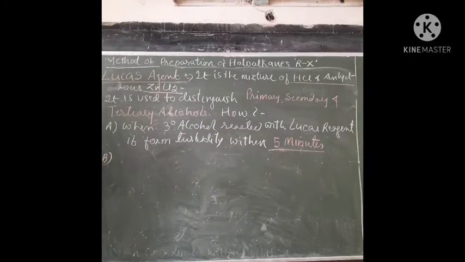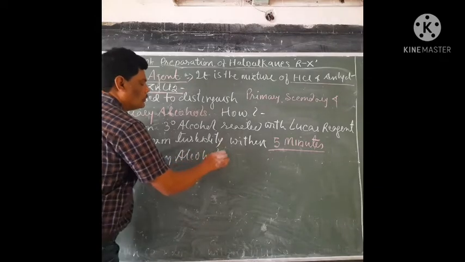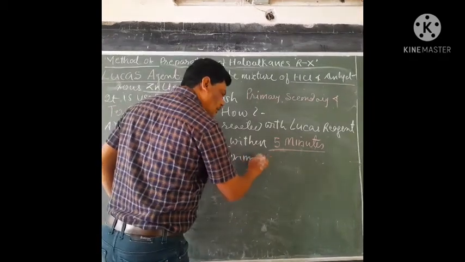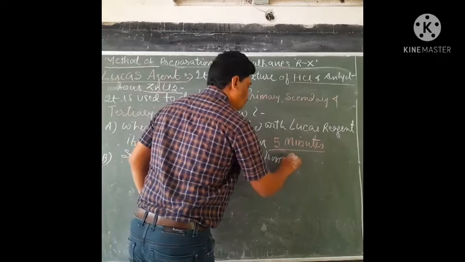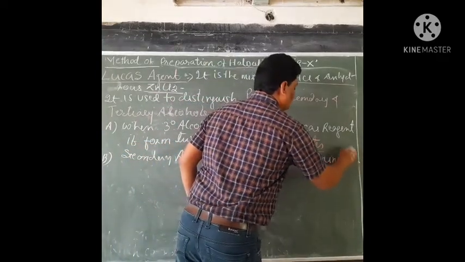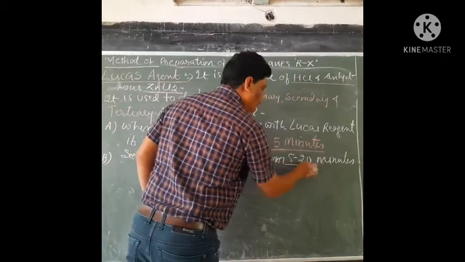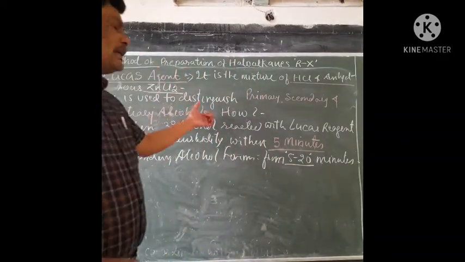Number two, secondary alcohol forms turbidity from 5 to 20 minutes. This is the difference. That is, the reactivity of secondary alcohol is a little less as compared to tertiary alcohol.